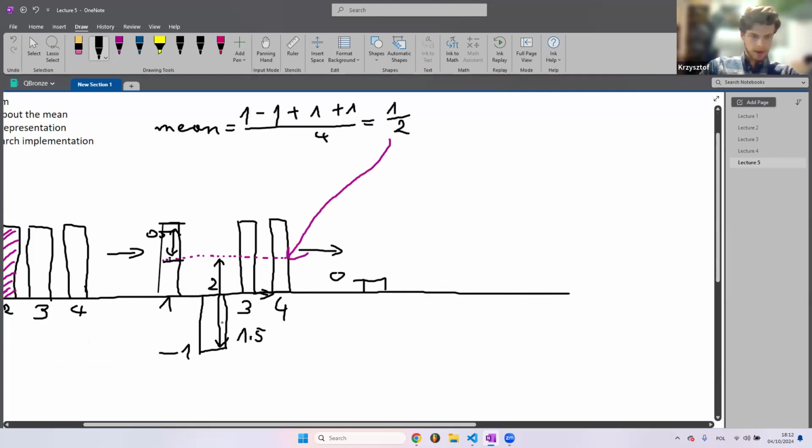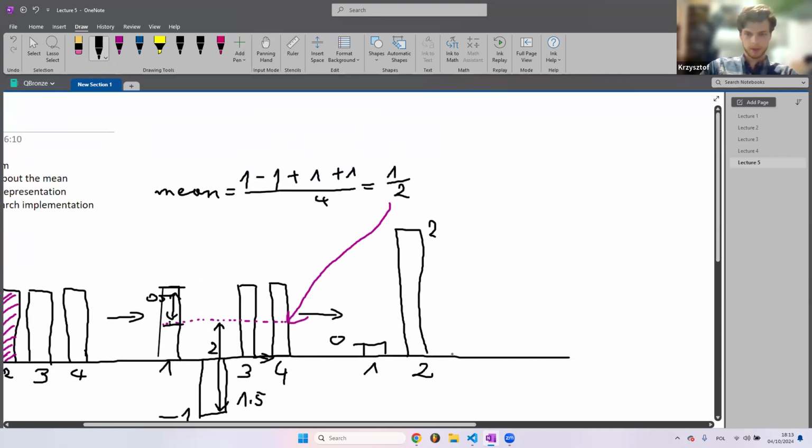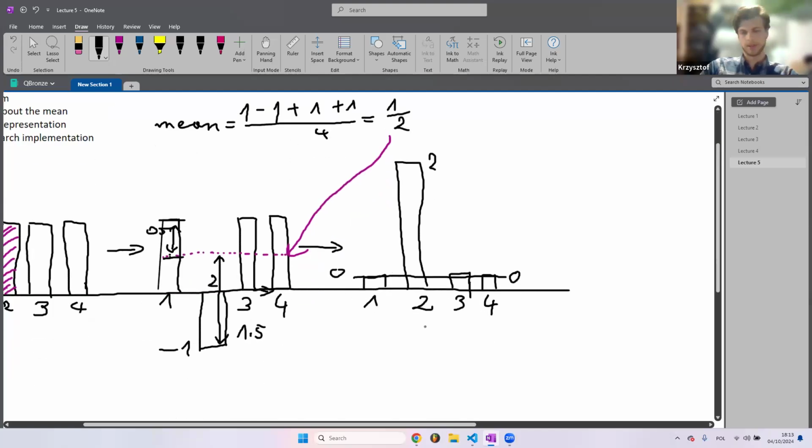And after that, we should see an element with the value of 2. This is the first element, second element, third element and fourth element. They also have value 0. I draw them so you could actually see that they're there.